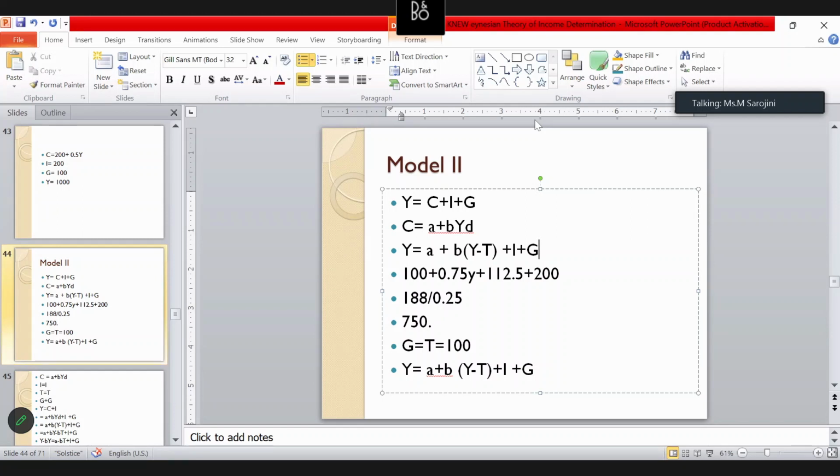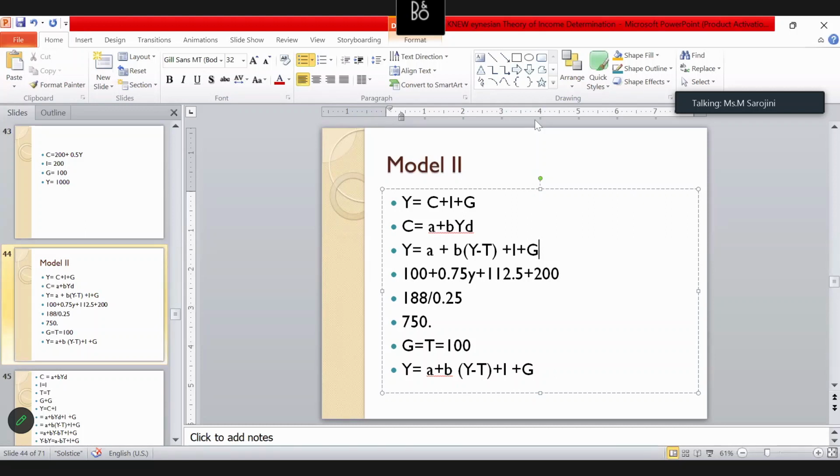To incorporate the taxes in the equilibrium level of income, we have to add the tax to the consumption function.